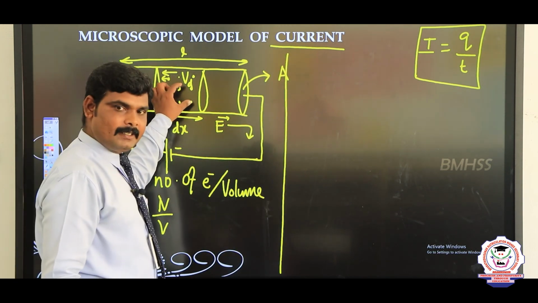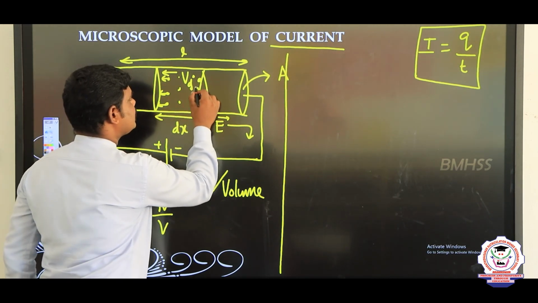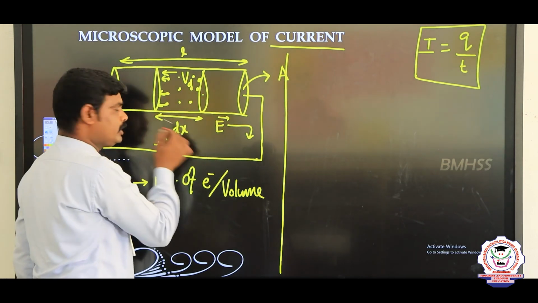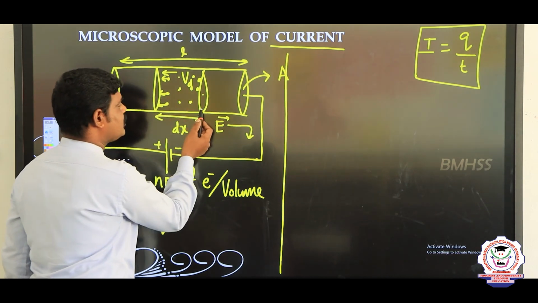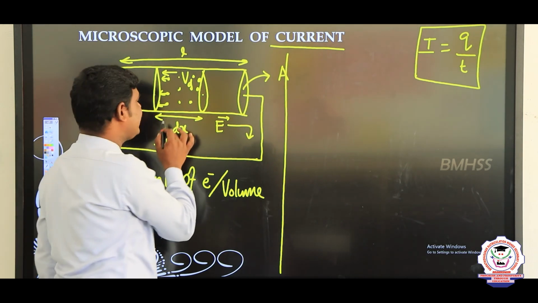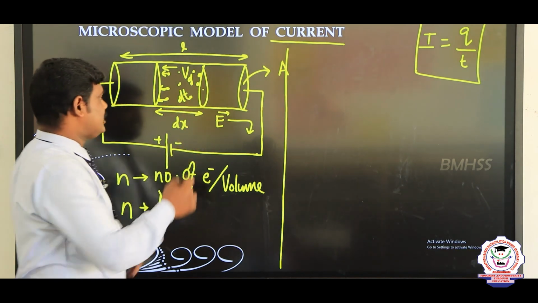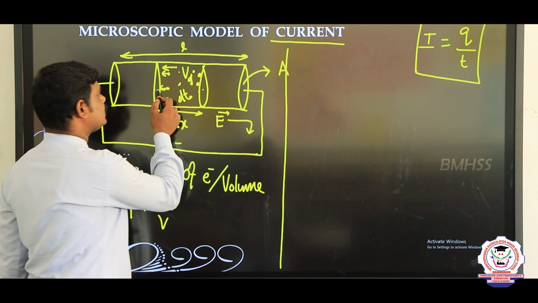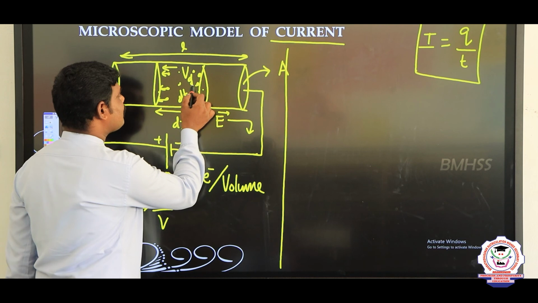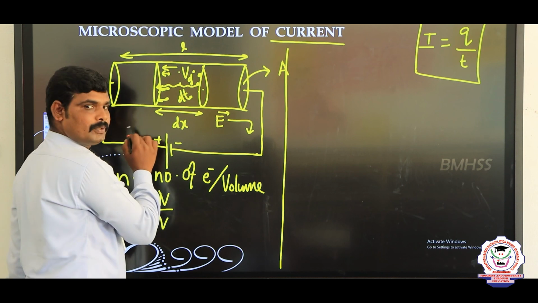Now the drift velocity. These electrons travel from this point to this point, which means they take a displacement dx. The time taken is a small time dt. While I apply the external electric field, the electrons are displaced from this point to this point, taking time dt.